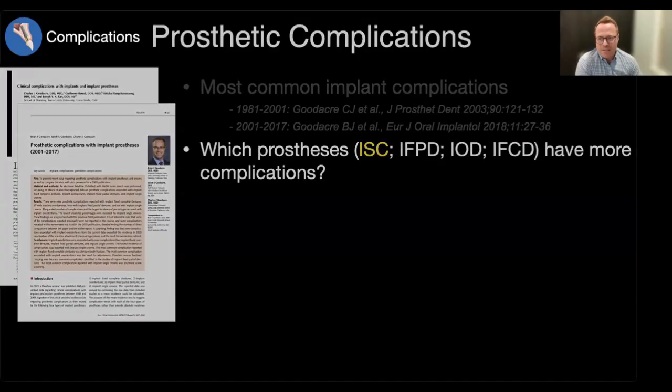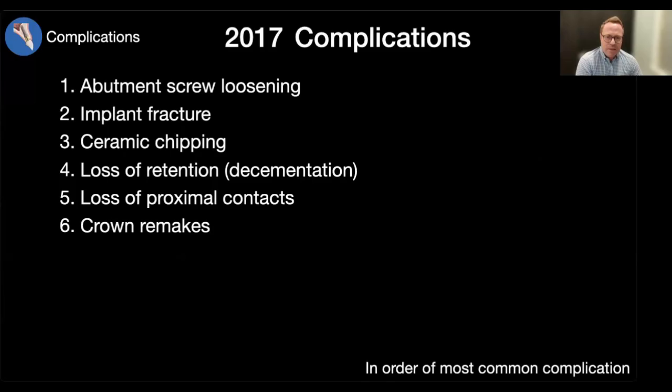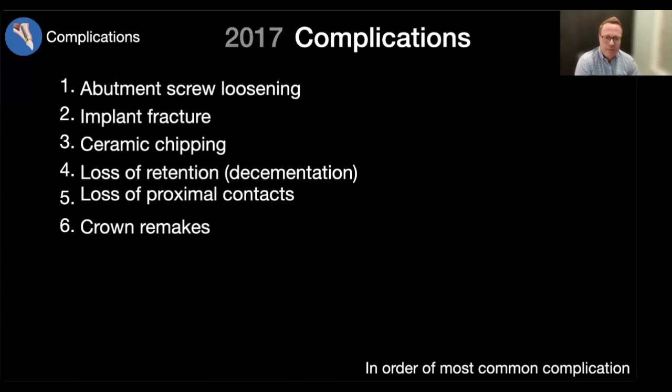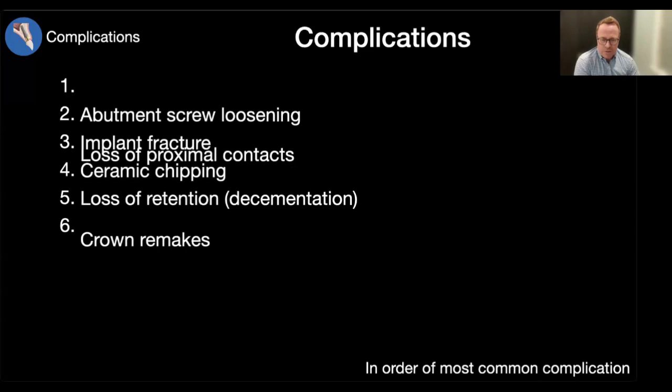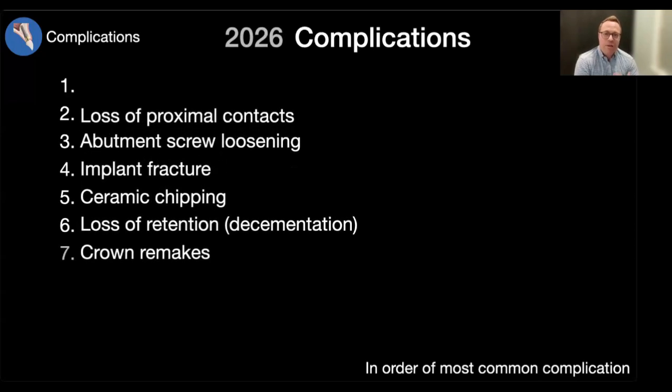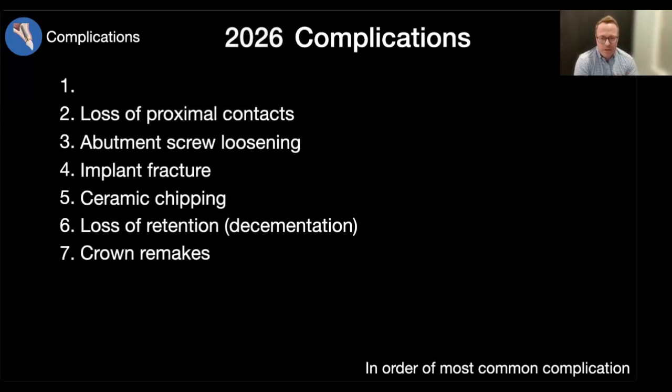What's really fascinating is when you look at the list of complications that we found in that article we published in 2018, most of the items on this list make sense to us. But what's surprising is that even from 2017, when we finished that literature review, till 2026, there's been a change in the order as well as a new number one complication that we see with single implants.